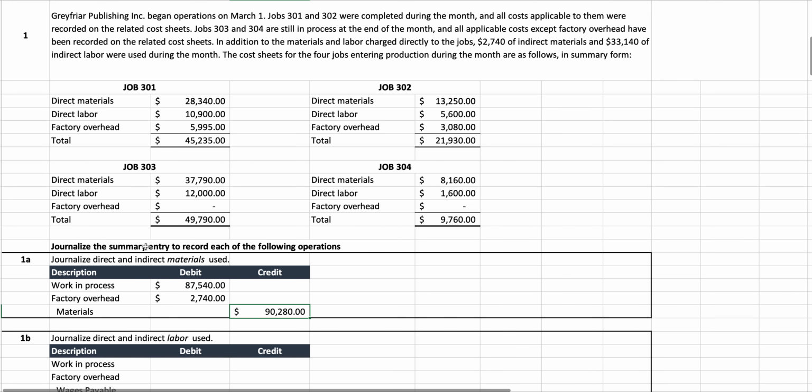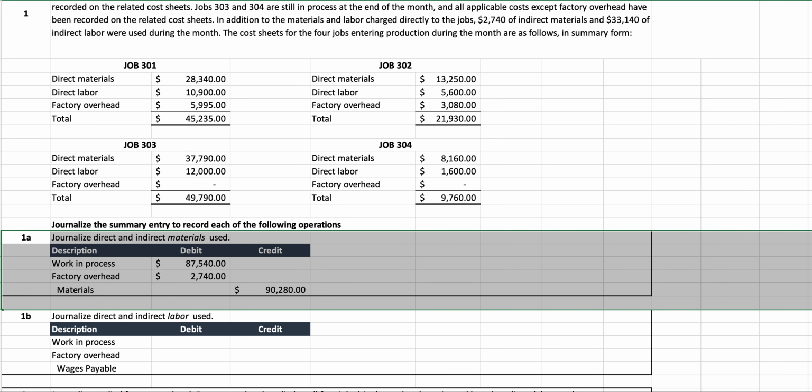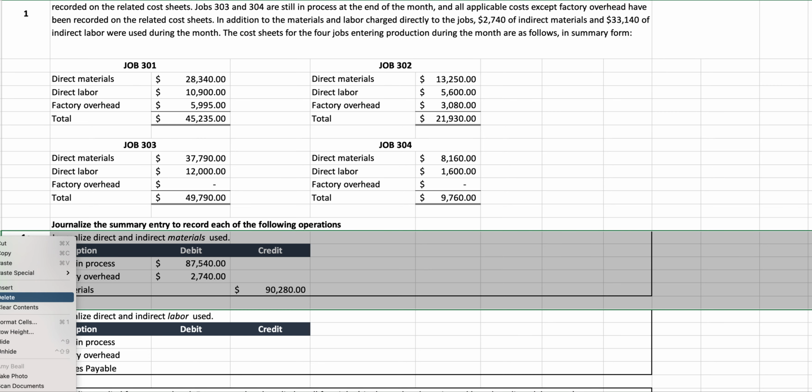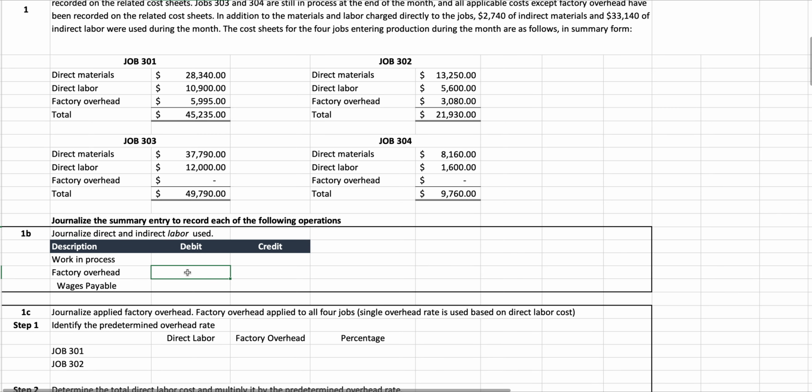Our next job is to journalize the direct and indirect labor. And I'm going to hide this so that we can see all of the information. All right. So we're going to do the same thing for work in process. That's going to be our direct labor. So again, I just picked up the cost for all 4 jobs, and we'll turn that color so that we can see what it is. It is 30,100.